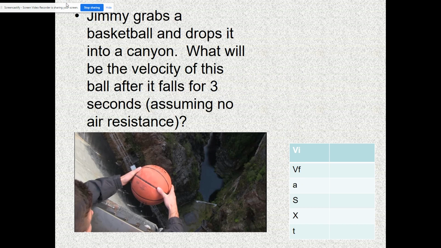Just take a look at this. Jimmy grabs a basketball and drops it into a canyon. What will be the velocity of the ball after it falls for 3 seconds? So time down here, 3 seconds, okay? And he drops it, and you want to know what the velocity will be. So we're really looking for the final velocity here.